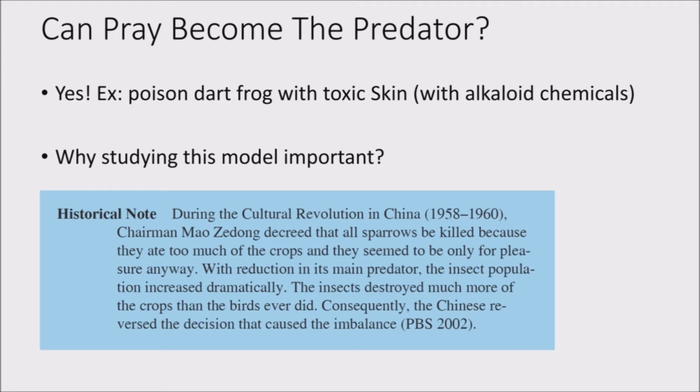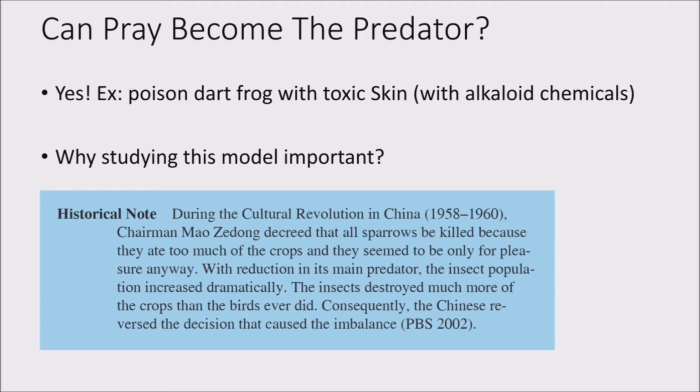The after effect of that is, when they killed the birds, the ecology has insects as the prey and birds as the predators. So they killed the predators, and then the insect population started to increase, right? That was more harm for the crop than the birds did. So we can see, it's very important to study these kinds of things before you take action, right?